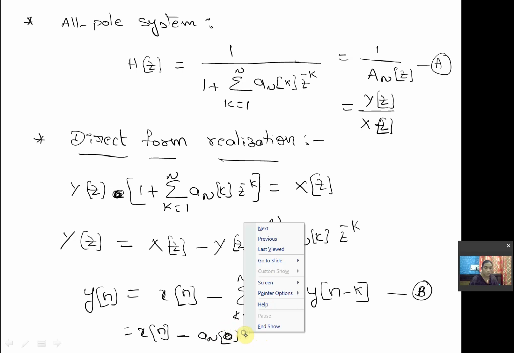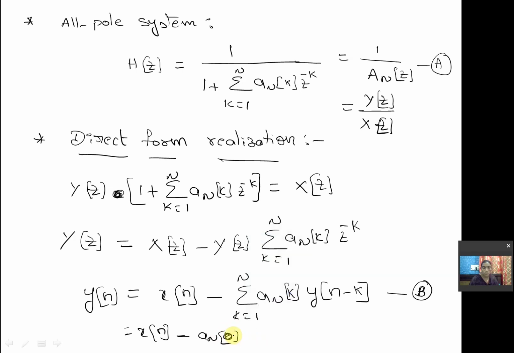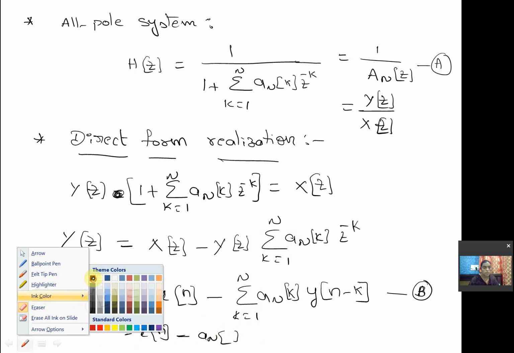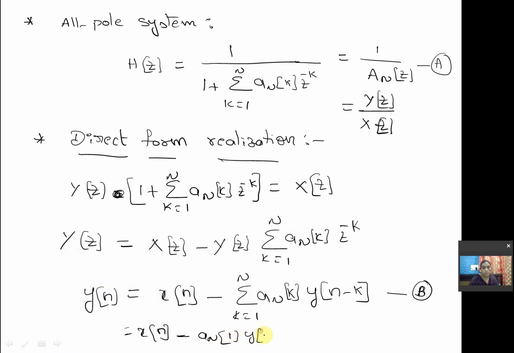Now this is nothing but a_N of 1, y of n minus 1, minus a_N of 2, y of n minus 2, and so on, minus a_N of N, y of n minus N. So observe this and then implement it in direct form realization.